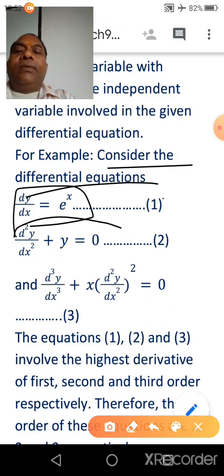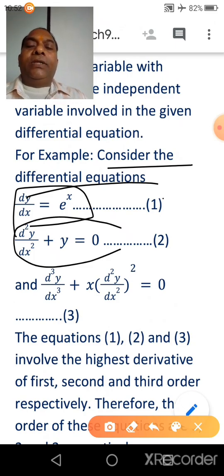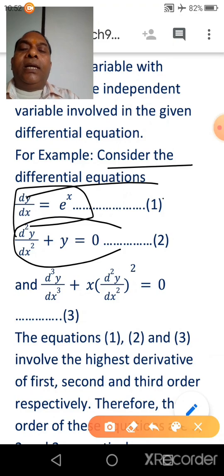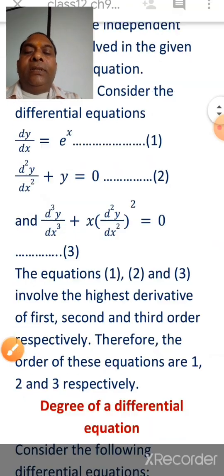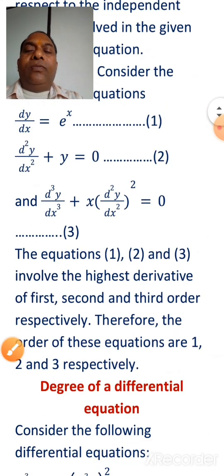Second equation is d2y by dx square plus y is equal to 0. Third differential equation is d3y upon dx cube plus x (d2y by dx square) whole square is equal to 0. So equation 1, 2 and 3 involve the highest derivative of first, second and third order respectively. Therefore, the order of these equations are 1, 2 and 3.